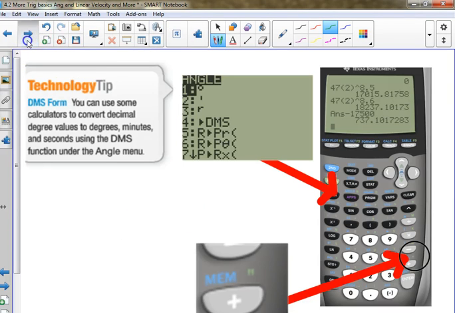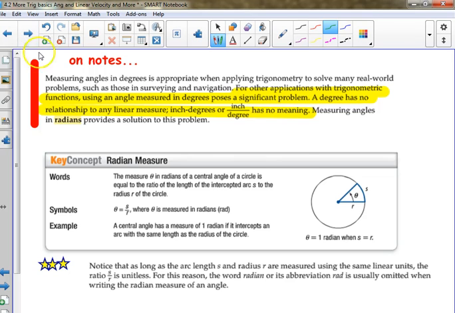All right. Measuring angles in degrees is appropriate when applying trig. Okay. For other applications, we use a lot of radians. For other applications with trig functions, using angles measured in degrees poses a significant problem.